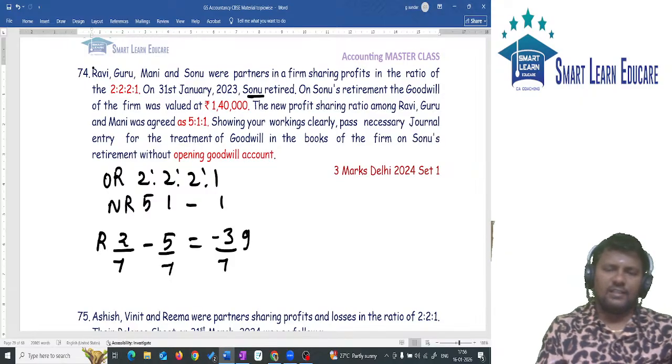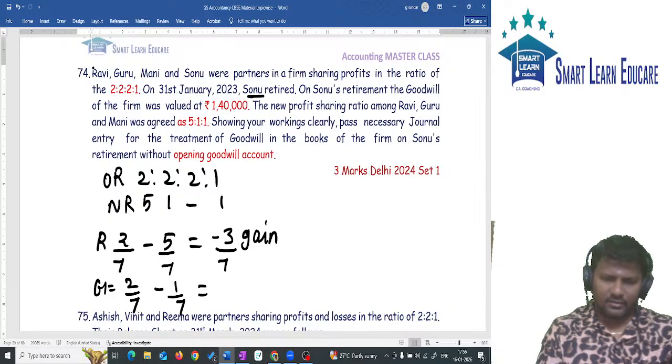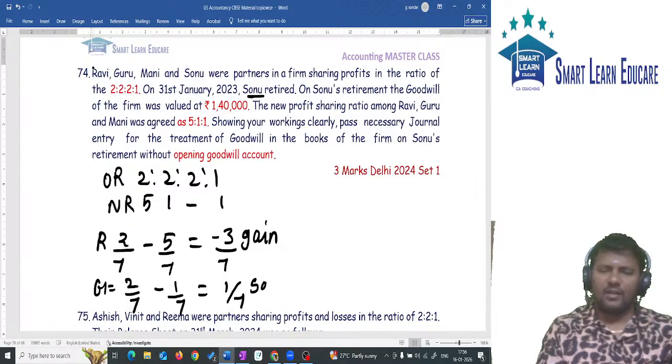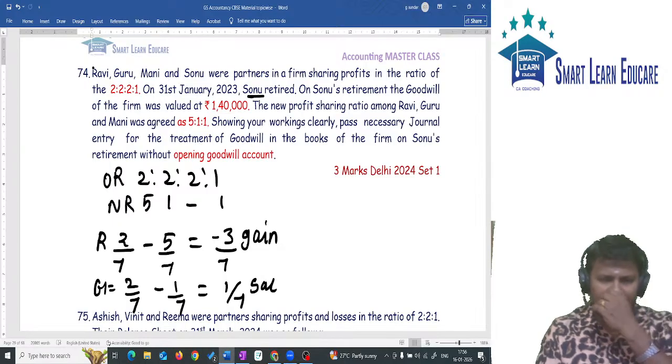If you get the answer in minus, it means that partner is gaining. Similarly, calculate for the next partner, Guru. What is the old ratio? 2/7. What is the new ratio? 1/7. You will get the answer as 1/7. Answer in plus means that partner is sacrificing.